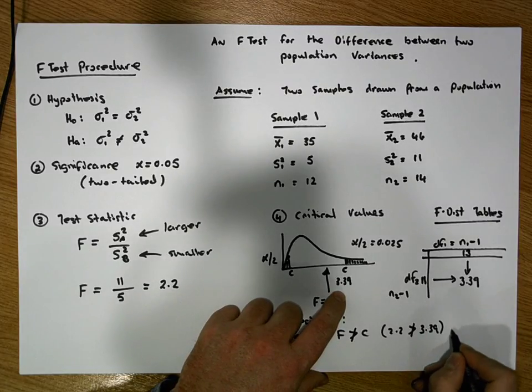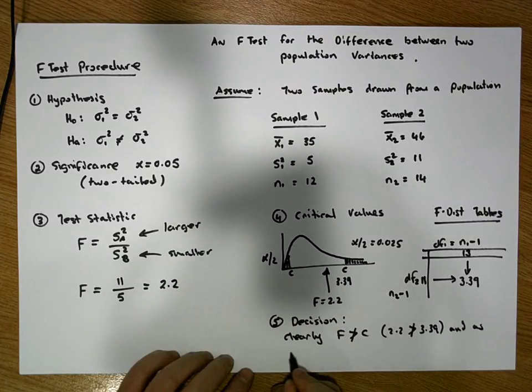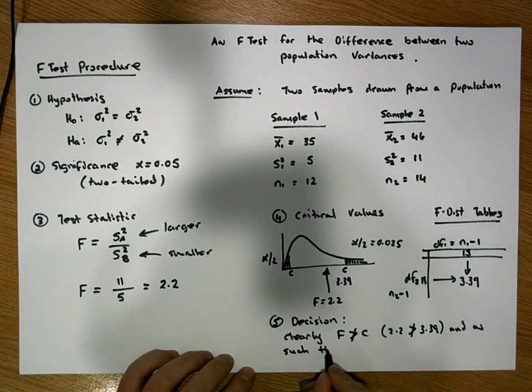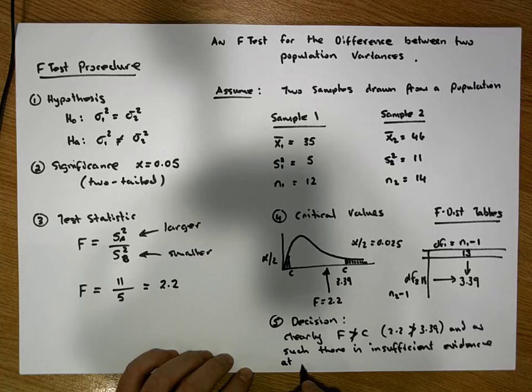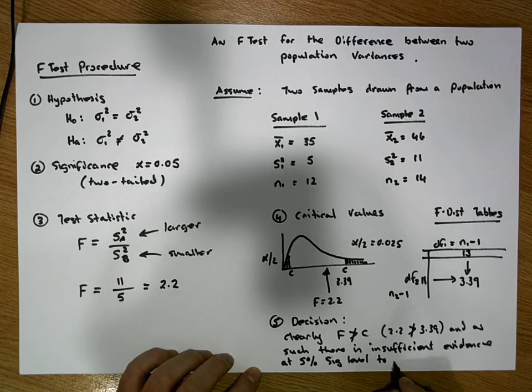As such, there is insufficient evidence, at the 5% significance level, to reject H0 in favor of HA.